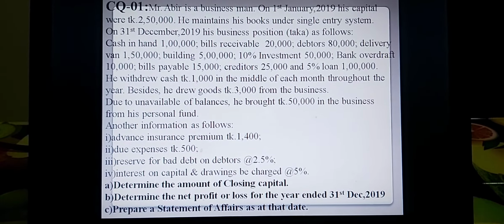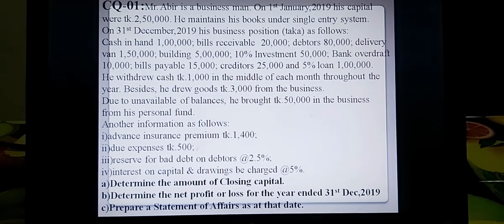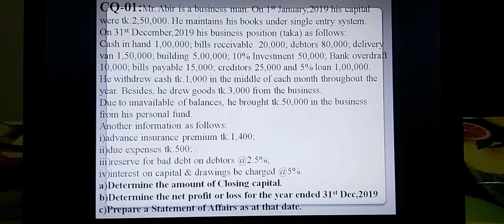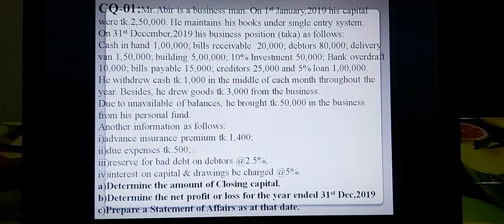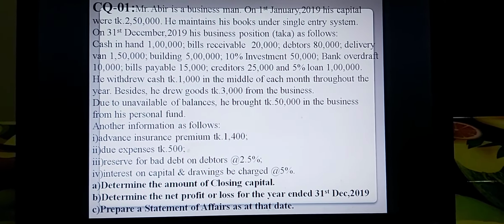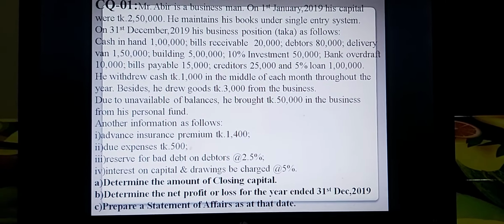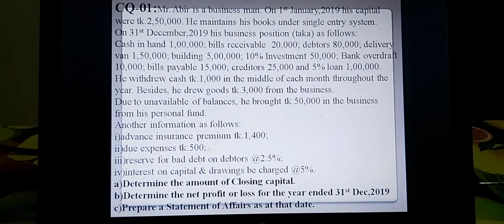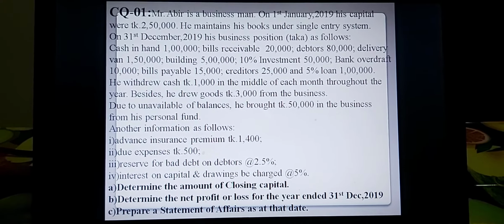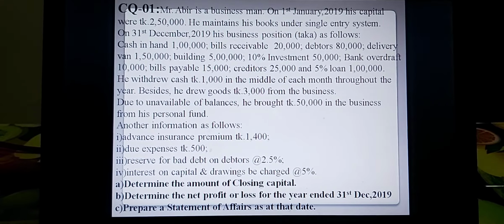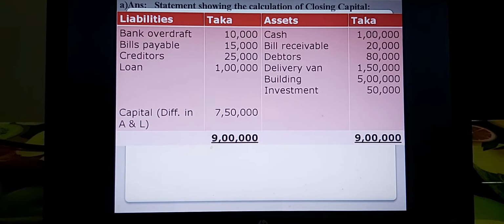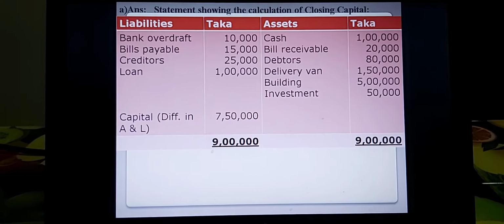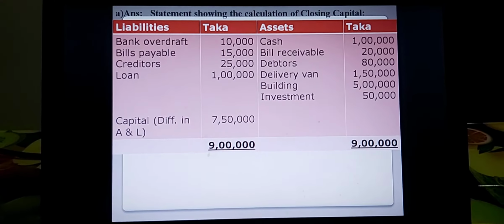Dear students, now we can go for solving this creative question. Dear boys and girls, now I can go to the next slide for requirement A. You are watching a new creative question for this chapter.